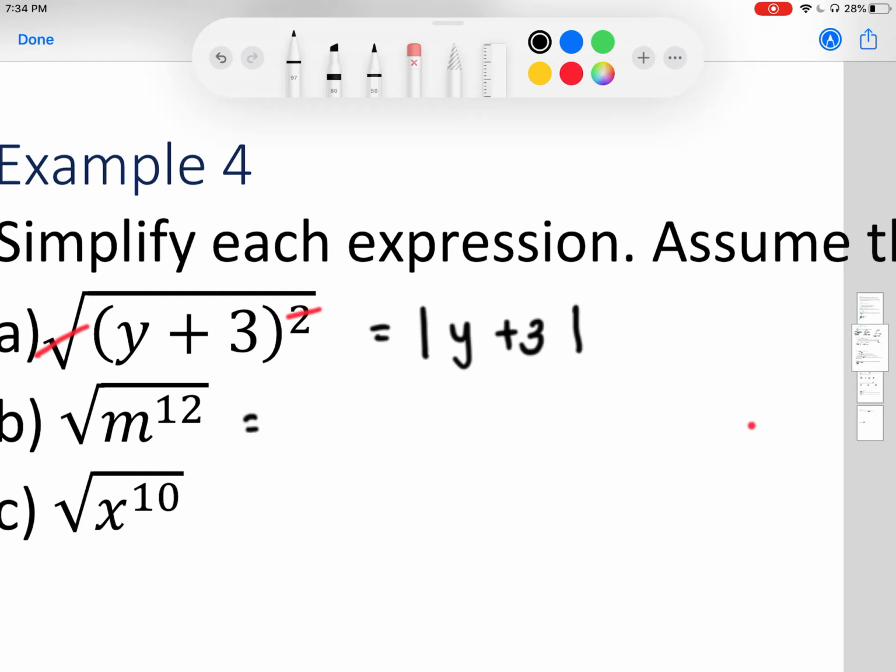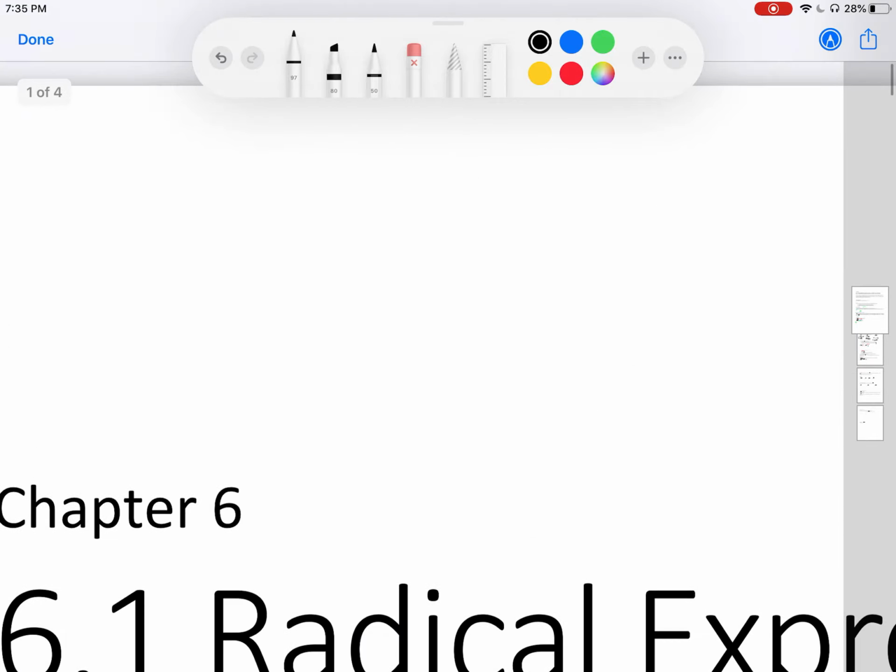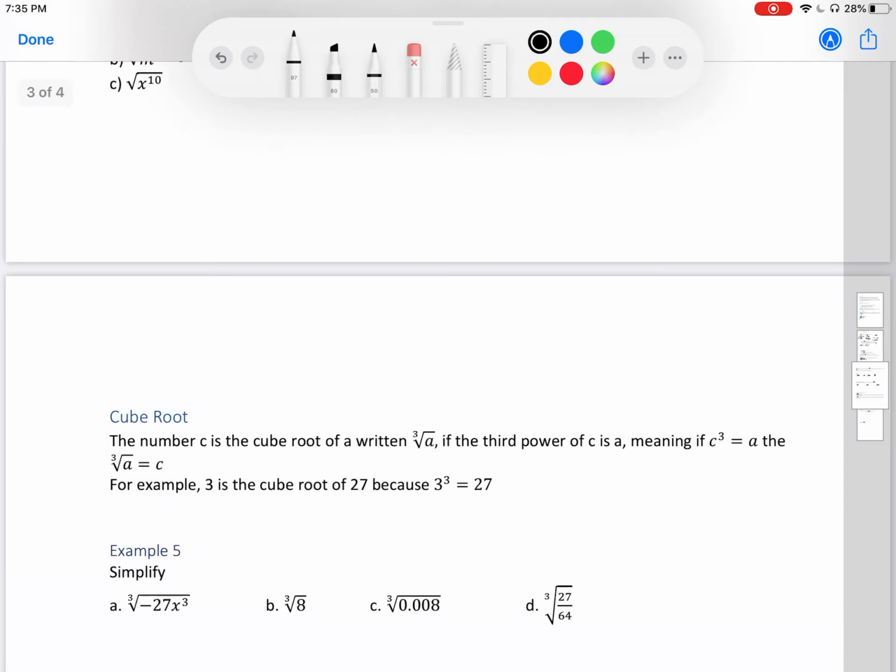Expanded it is m to the 12, but I know that if I'm multiplying, I can go ahead and add my exponents.